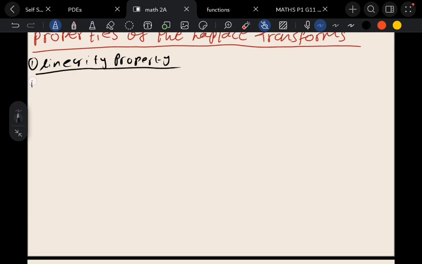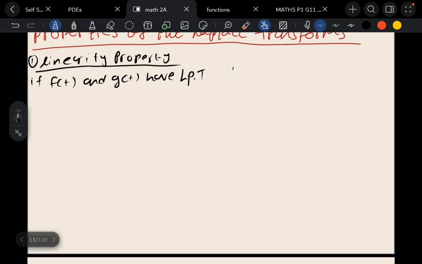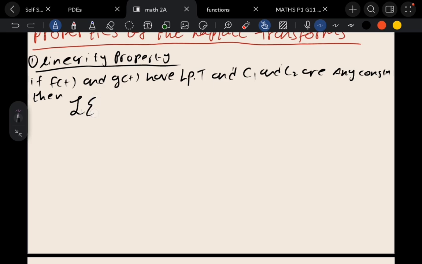It states that if f of t and g of t have the Laplace transform and C1 and C2 are any constants, then the Laplace transform of C1 f of t plus C2 g of t is the same thing as C1 times F of s plus C2 G of s.